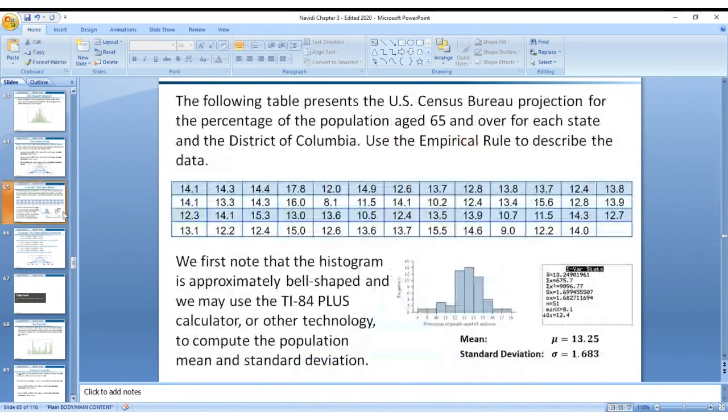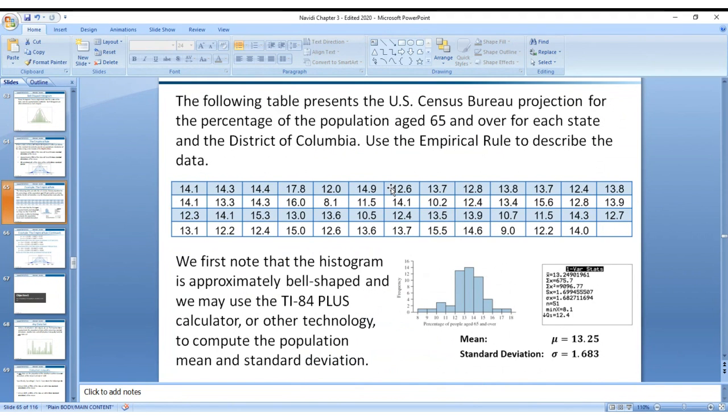All right, so hopefully you remember this data that we created the stem and leaf for. This was 51 pieces of data, the percentage of older folks over 65 that live in each state, plus the District of Columbia.